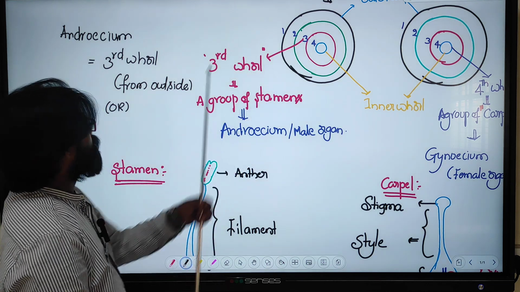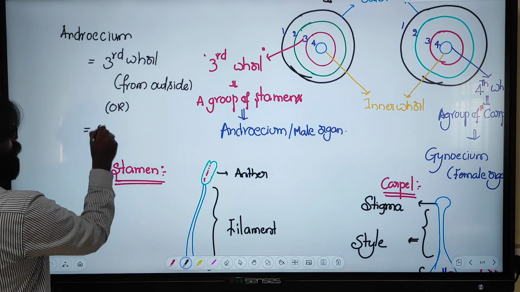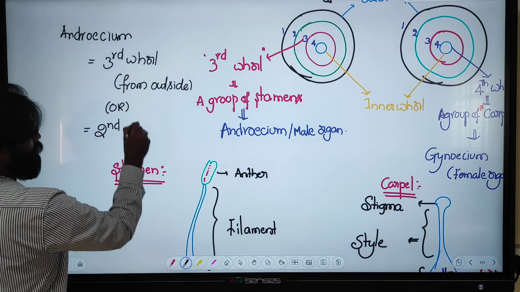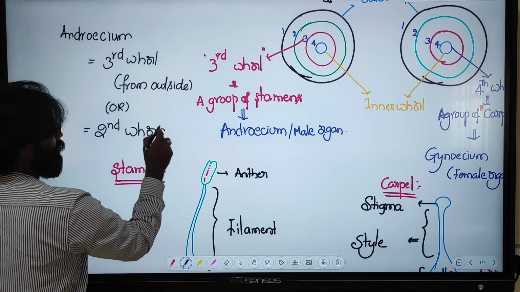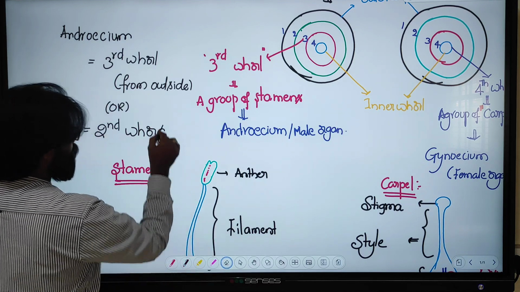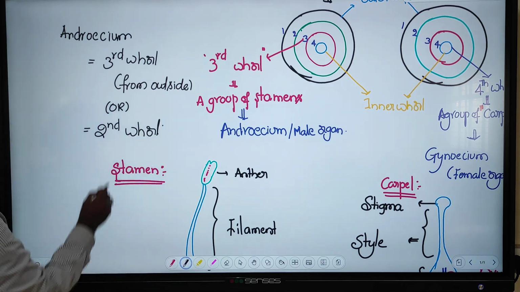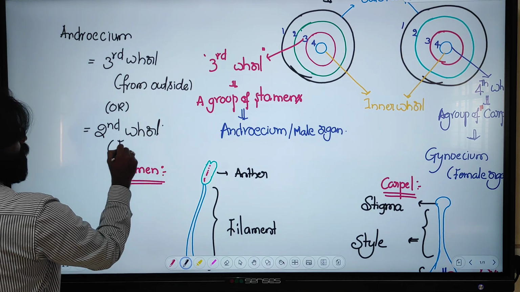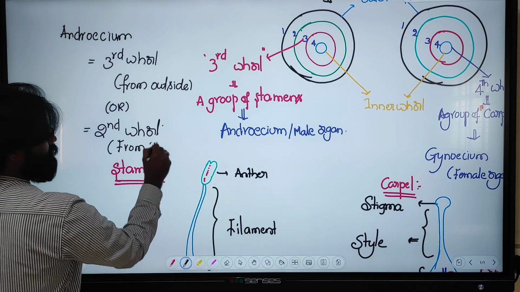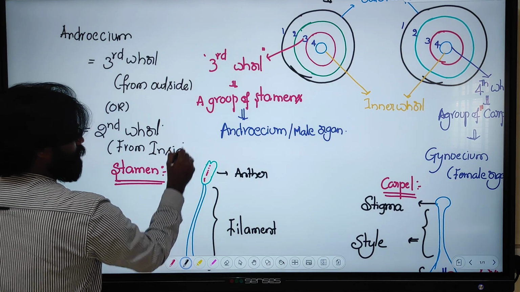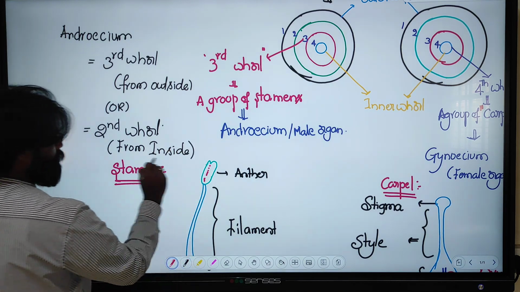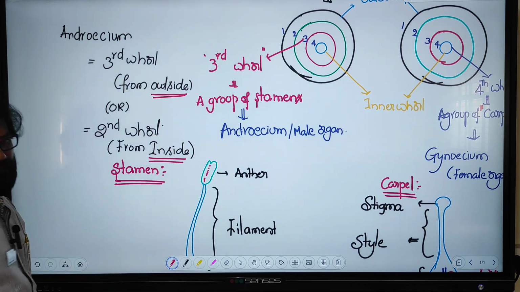From inside to outside, it is the first whorl. From outside to inside, it is the fourth whorl. So we can say that the androecium is the third whorl from outside, 1, 2, 3, and from inside to outside it is the second whorl. We need to mention the direction, whether from inside or outside, because based on these directions the whole number will change.